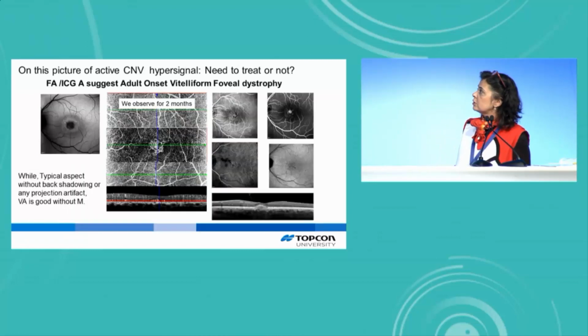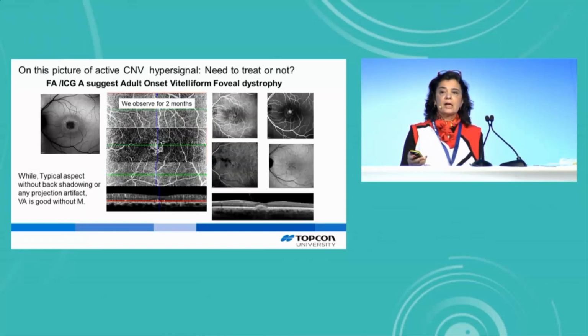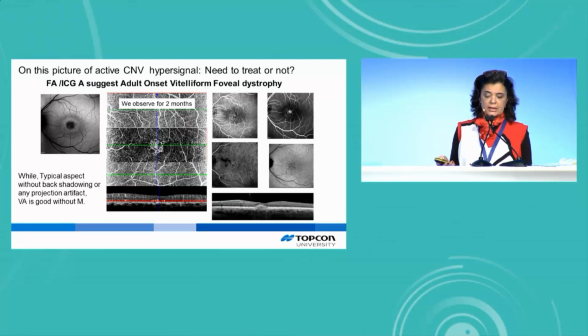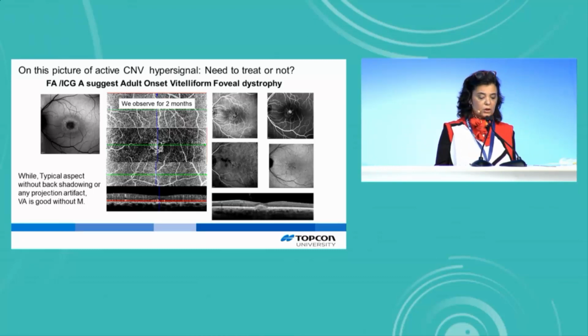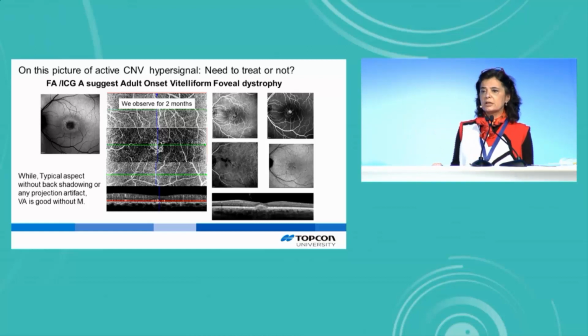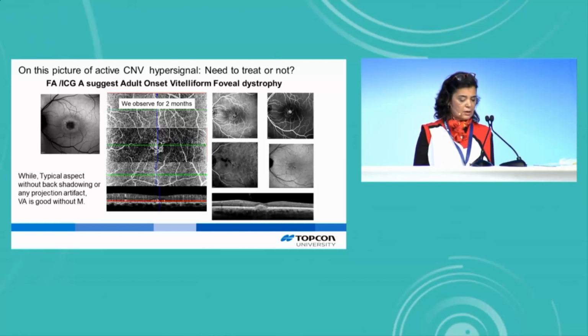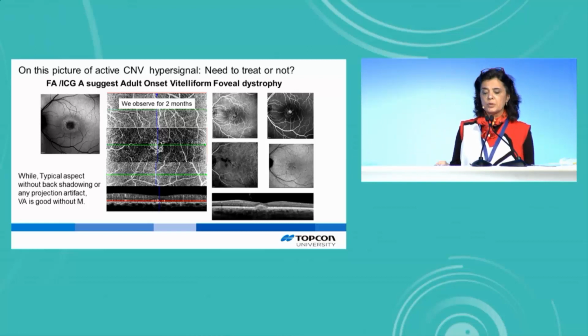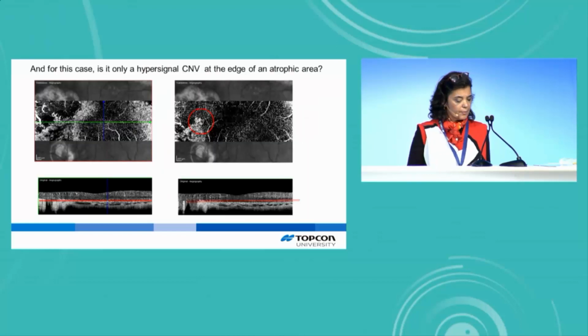On this picture, we have active CNV hypersignal on OCT-A. The question is, need to treat or not? FA and ICG suggest adult onset vitelliform foveal dystrophy diagnosis without CNV, and we observe for 2 months.